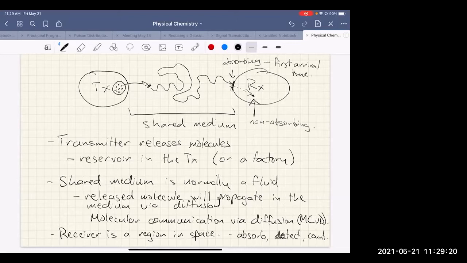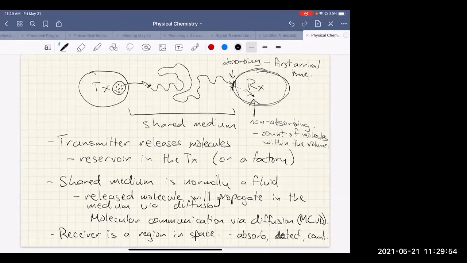A non-absorbing receiver, strictly speaking, is concerned with everything that's happening inside its volume. But the most important thing, it could consider first arrival time. But normally, when we talk about non-absorbing receivers, we talk about the count of molecules within the volume. So that's generally the two ways of doing it.